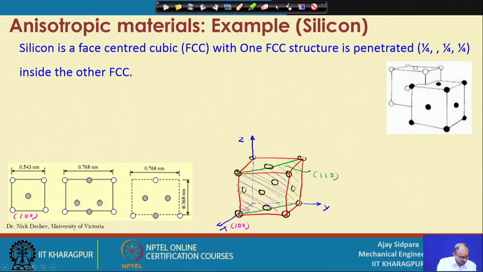So, when you are cutting this particular plane, you can consider 1 2 3, now 1 2 3 4, 4 are coming from the corner part and 2 are from this part. One is from the bottom and one is from the top, and these are the two which are inside, because this has penetrated inside by 25% from all directions.